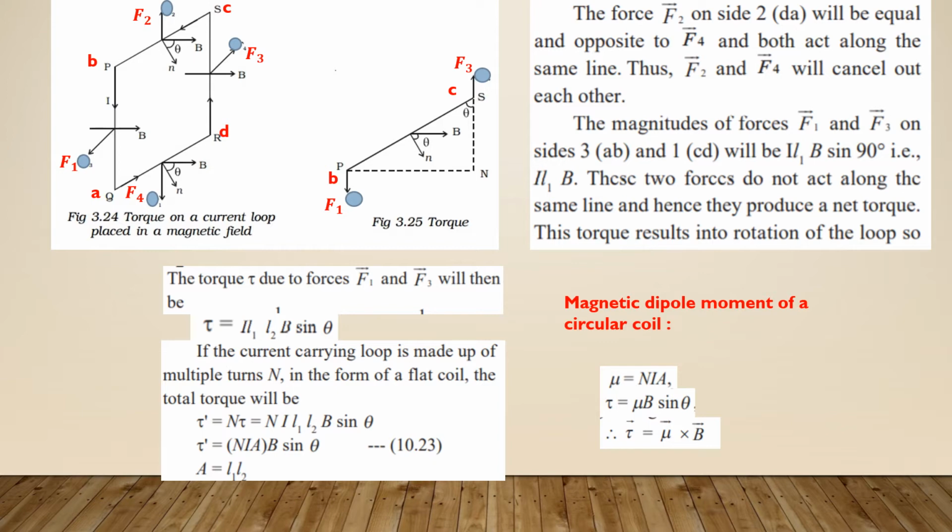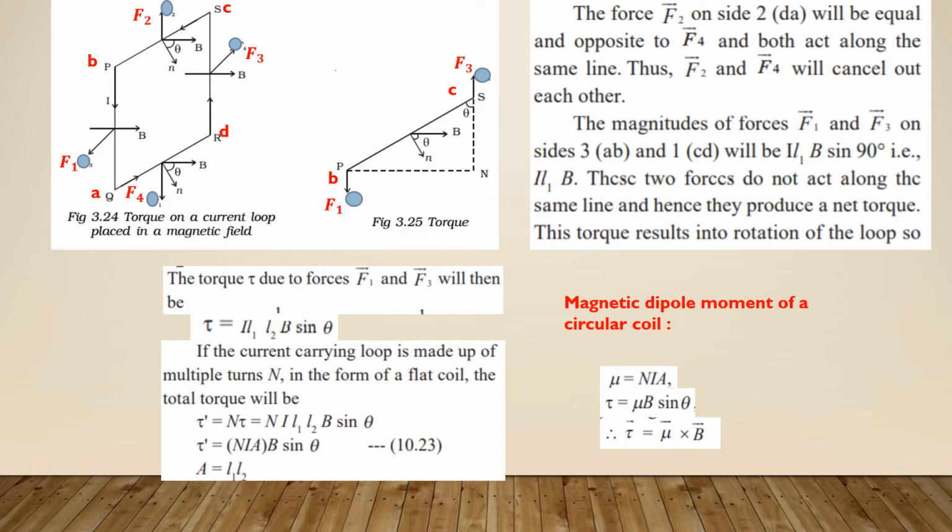The magnitudes of forces F1 and F3 acting on the sides AB and CD are still IL1B, that is, equal in magnitude, opposite in direction and acting parallel to each other. Hence they constitute a couple.